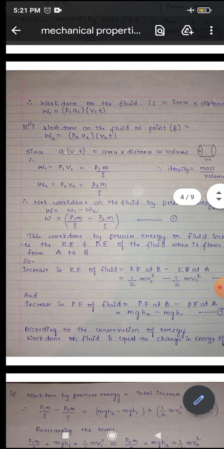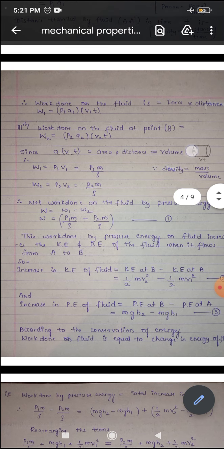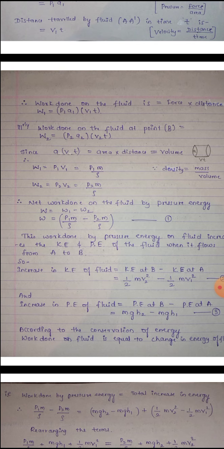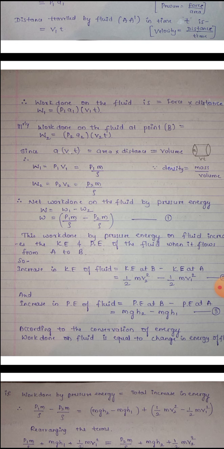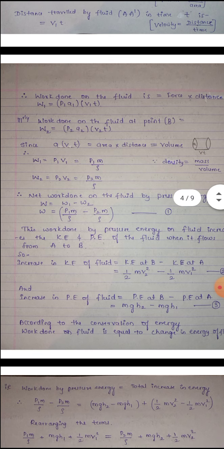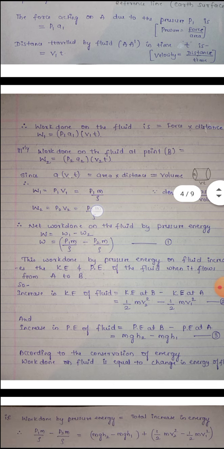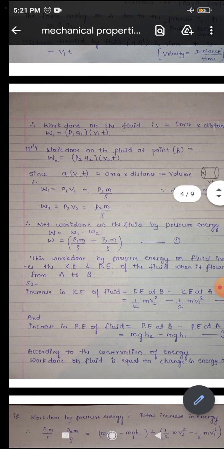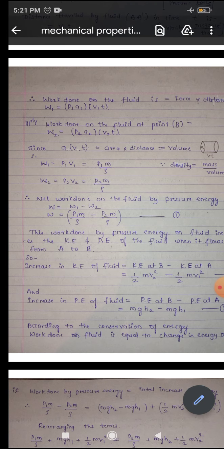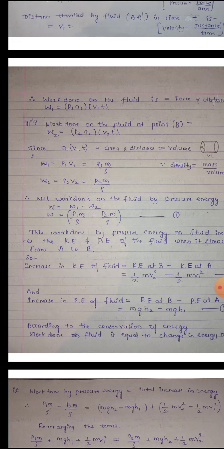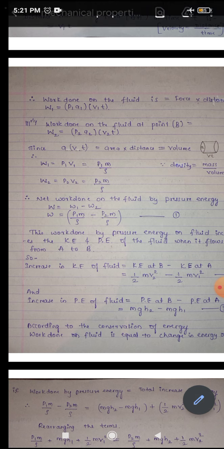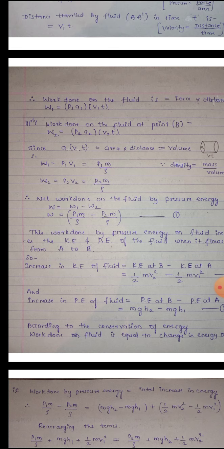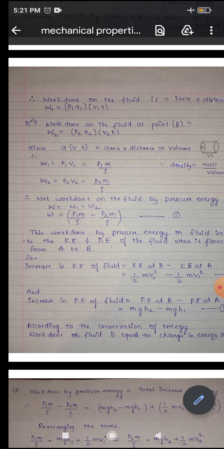So we can write A into V into t as the volume of this cylinder. Substituting this in both equations for W1 and W2, W1 is equal to P1 into A1 V1 t, which changes to the volume V1.